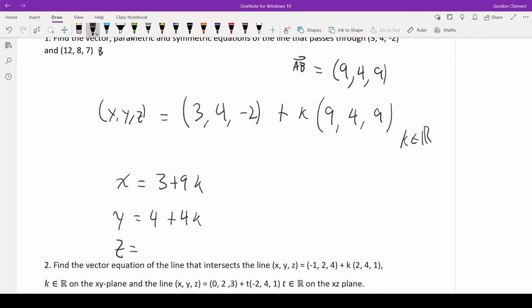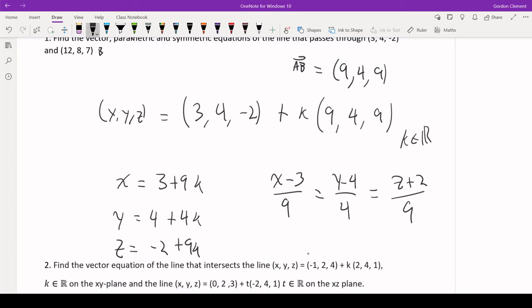Break it into its parts. There's my parametric equations, and then solve each of them for k. So it's going to be x minus 3 divided by 9 is the same as y minus 4 divided by 4, which is going to be the same as z now plus 2 divided by 9.